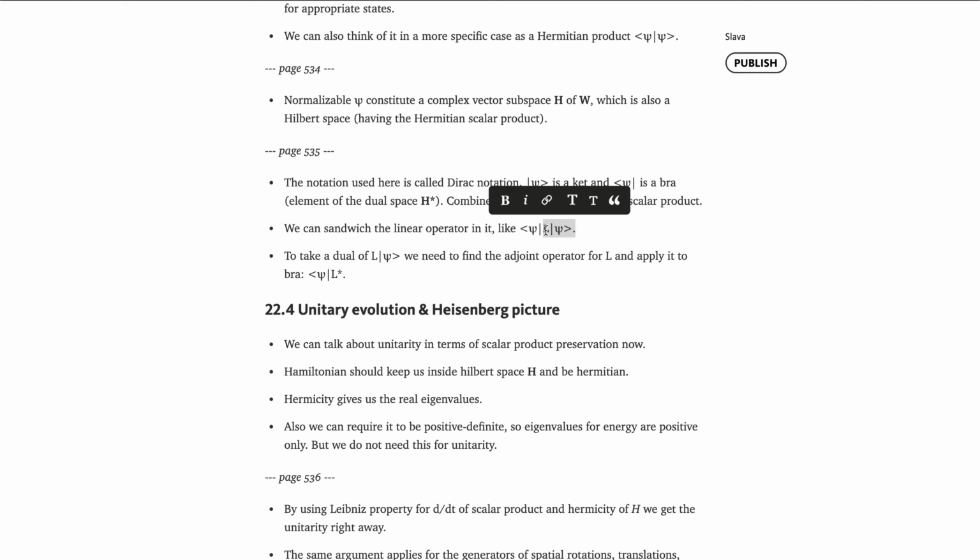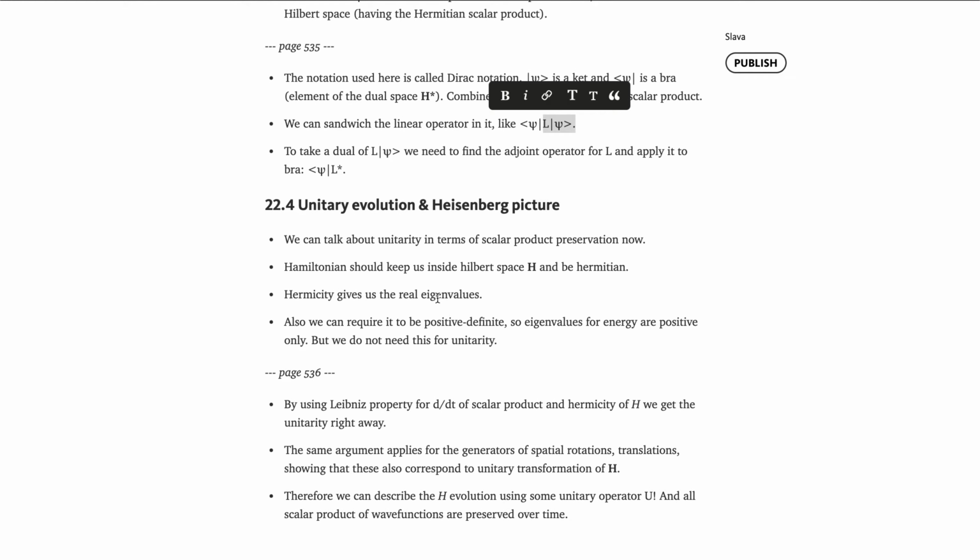And in the next subchapter, we go straight to the proof of the unitary evolution, and now we can talk about unitarity in terms of scalar product preservation. The Hamiltonian should keep us inside the Hilbert space H and be Hermitian, and Hermiticity gives us real eigenvalues, basically real values to be measured, and also we can require it to be positive definite.